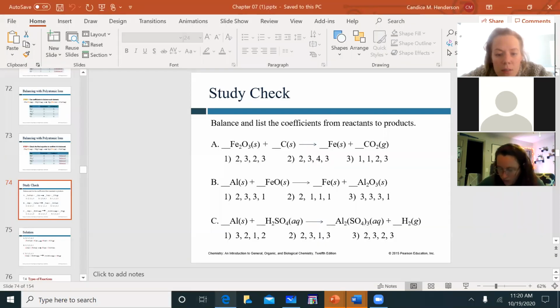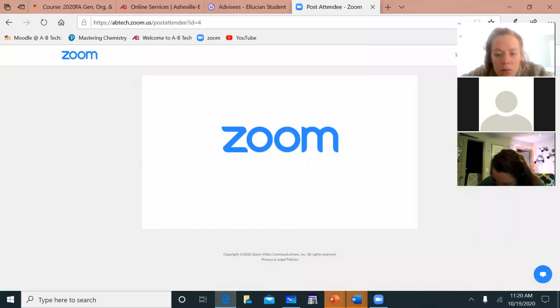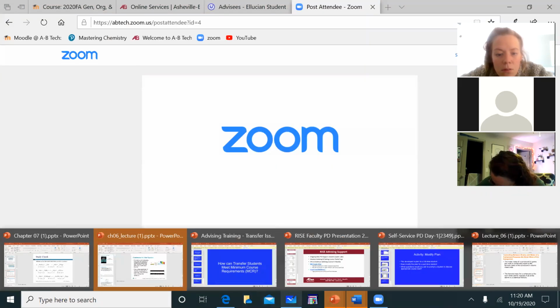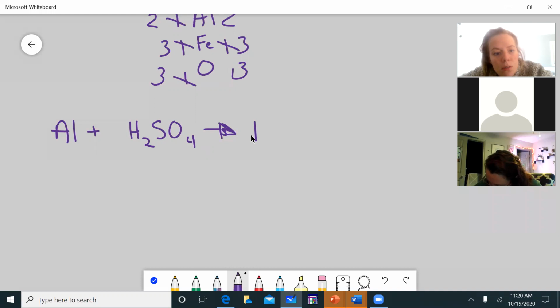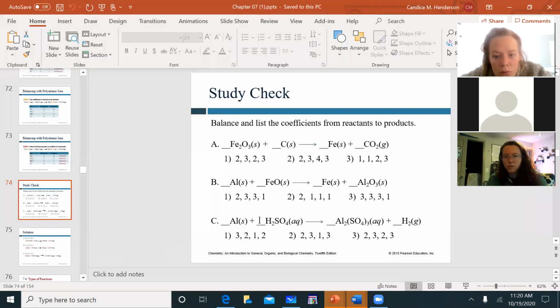We had aluminum plus H2SO4 produced hydrogen gas plus aluminum sulfate. They have these 2 flipped, but it's the same thing.